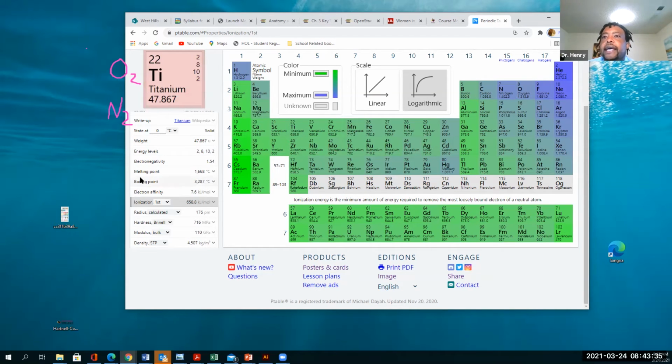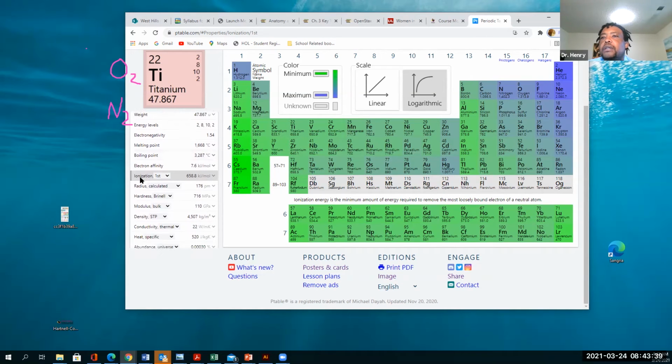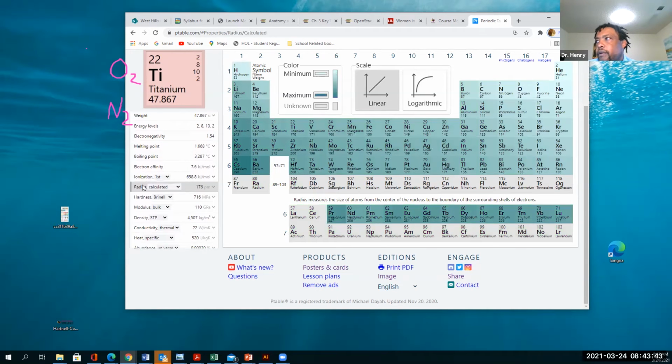So let's look at, where are we? What was the other? Radius. Okay, let's look at the radius. So it gets smaller, gets smaller, gets smaller, gets smaller. Well, actually, that one does behave right. Gets smaller, gets smaller.